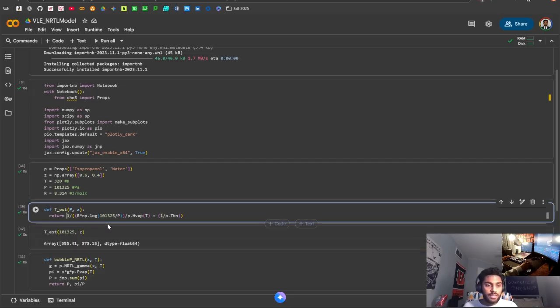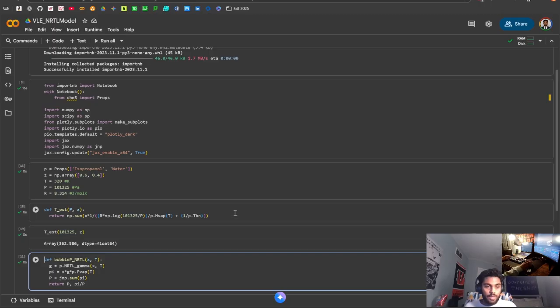And essentially now what we're going to do is we are going to multiply each of these by X, and we're going to take the sum of these boiling points. So now when we do that, it gives us a weighted boiling point average for our mixture, which falls between 355 and 373, around 362.